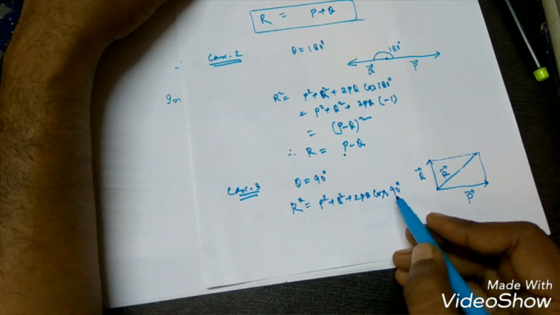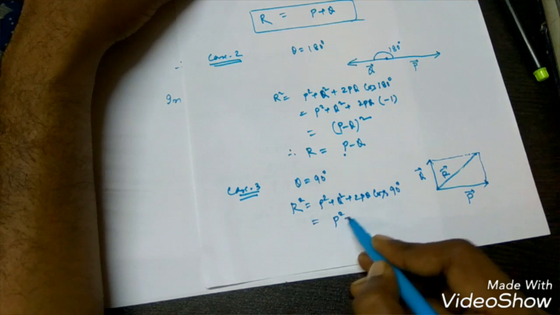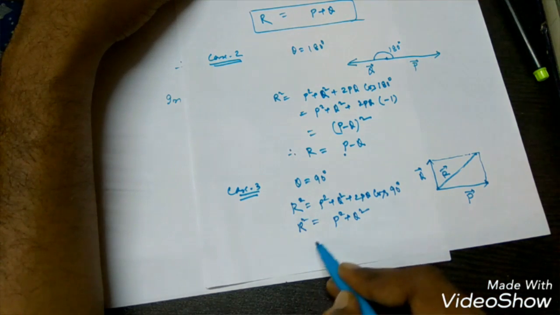Now cos 90 is equal to 0. So the whole expression reduces to P square plus Q square.